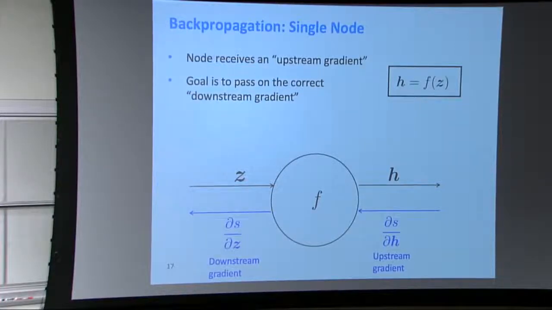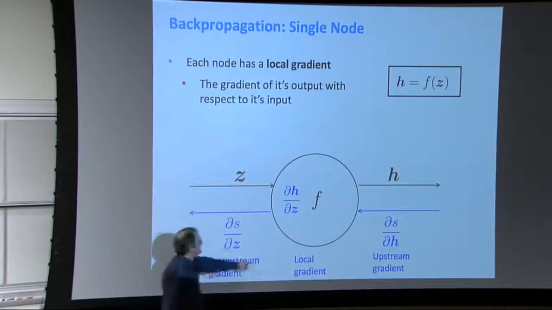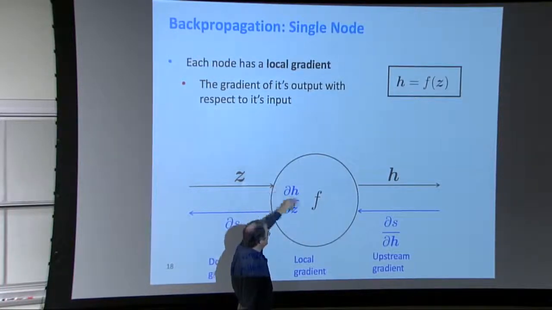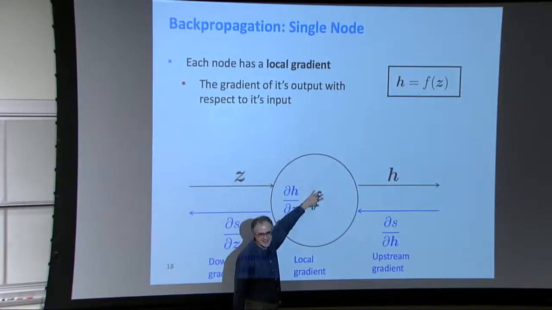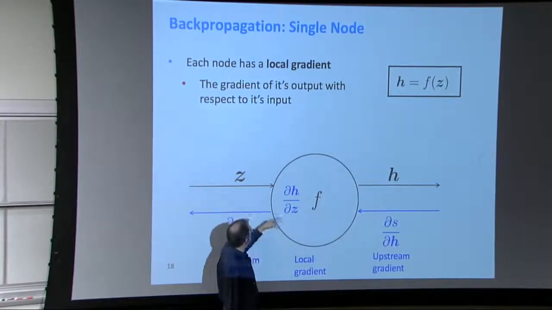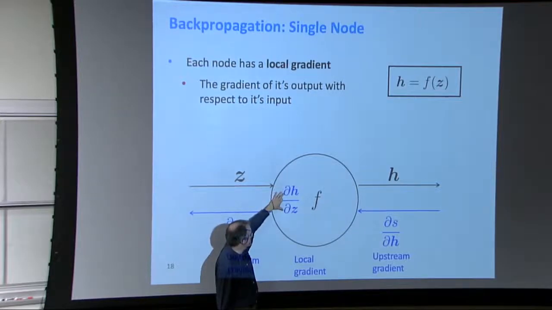And the answer to that is we use the chain rule, of course, right? So we have the concept of a local gradient. So here's H is the output, z is the input. So this function here, and this is our nonlinearity, right? So this is whatever we're using as our nonlinearity, like a logistic or a tanh. We're calculating h in terms of z, and we can work out the partial of h by z.